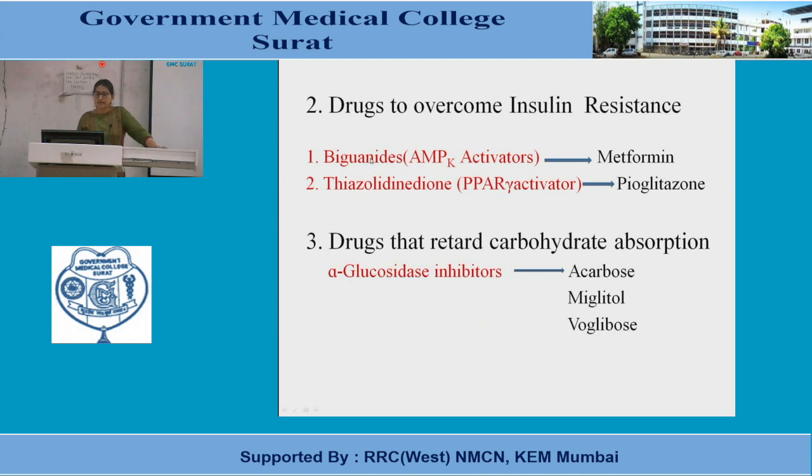Under this we have the biguanides, which are the AMP kinase activators, the drug being metformin. Then you have thiazolidinediones, which are PPAR gamma activators, the drug being pioglitazone. The third broad category, drugs that retard carbohydrate absorption, is the alpha glucosidase inhibitors, under which come acarbose, miglitol and voglibose.